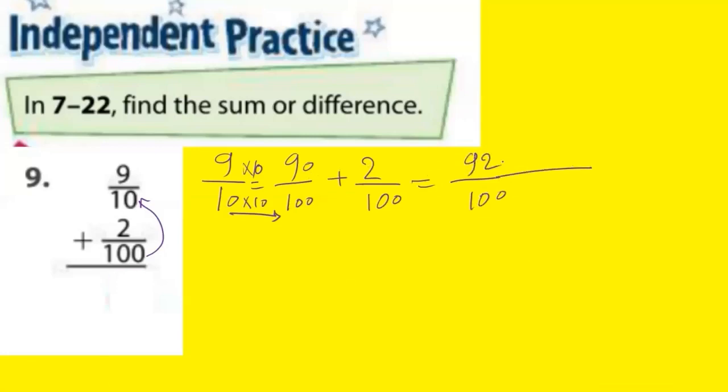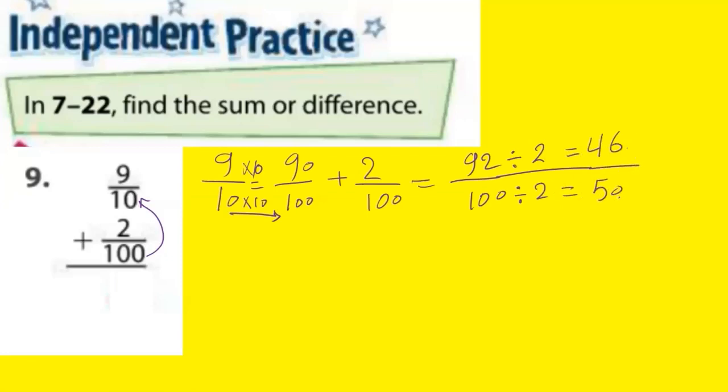We need to make the simplest form, 92 and 100. 92 divided by 2 will be what? It will be 46. If we divide by 2 up and down, it will be 46, and here it will be 50.